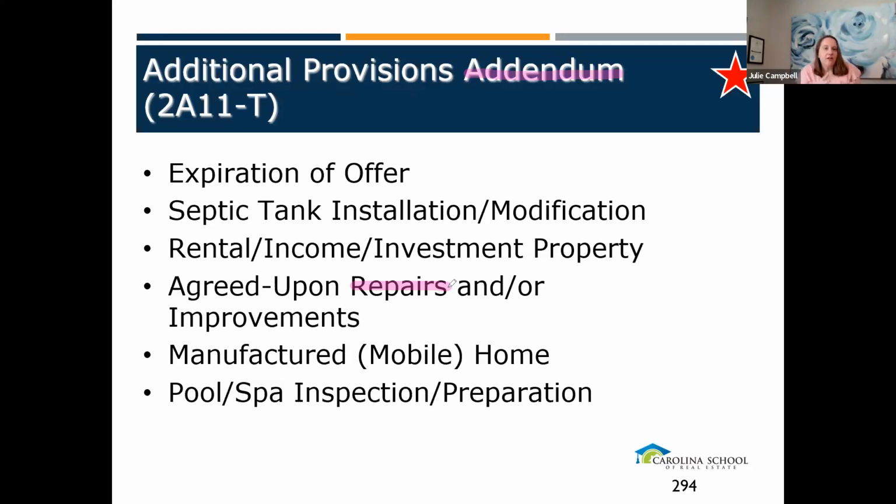If the seller considers these and agrees to do these repairs, the seller is now legally bound to do them because we included the addendum. We included the form, so we ask for repairs when we present the offer. The seller has three choices. They can accept it, reject it, or counter it.